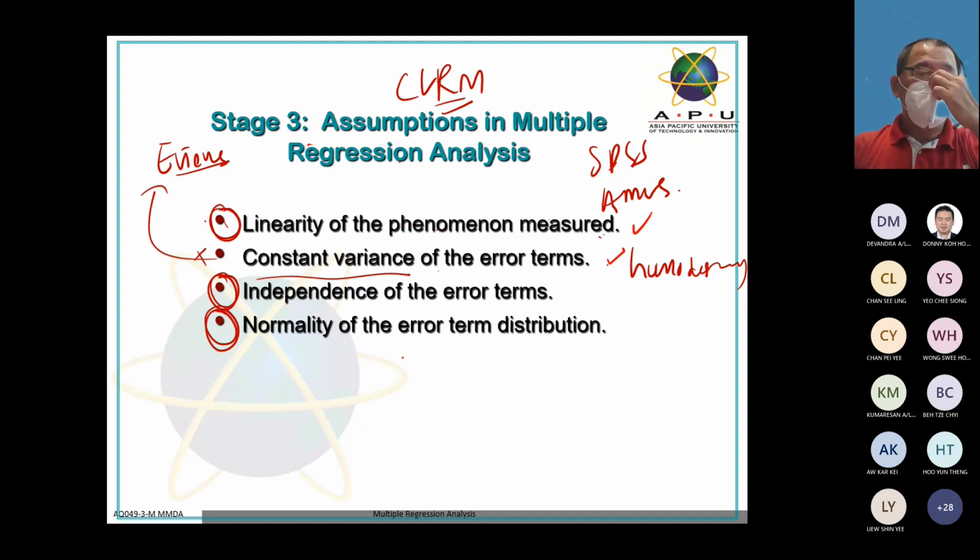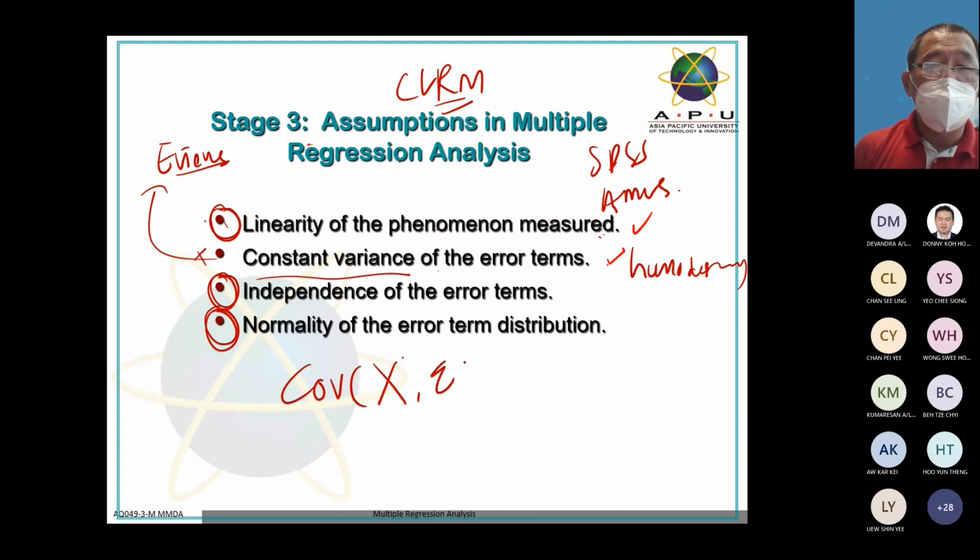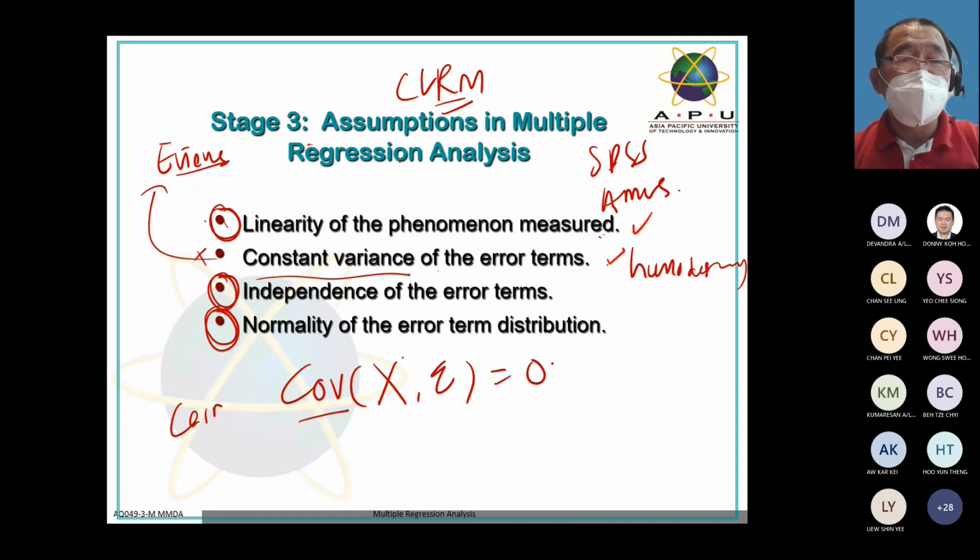The third one is independence of the error term. Meaning the covariance between x and the error term is 0. Covariance is similar to correlation. So correlation or covariance of 0 means no relationship, and no relationship means independent.